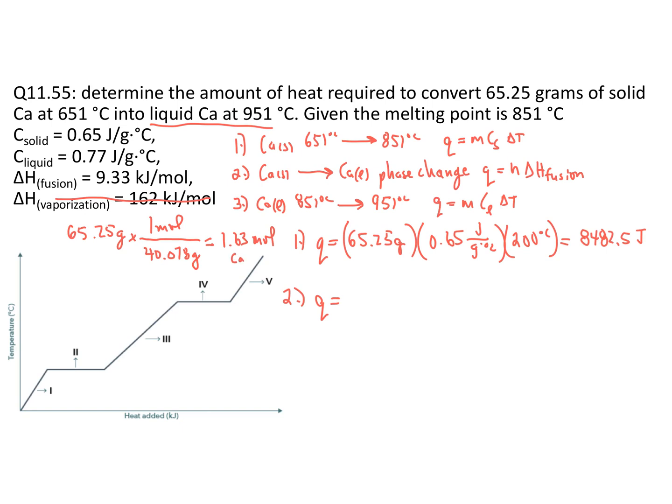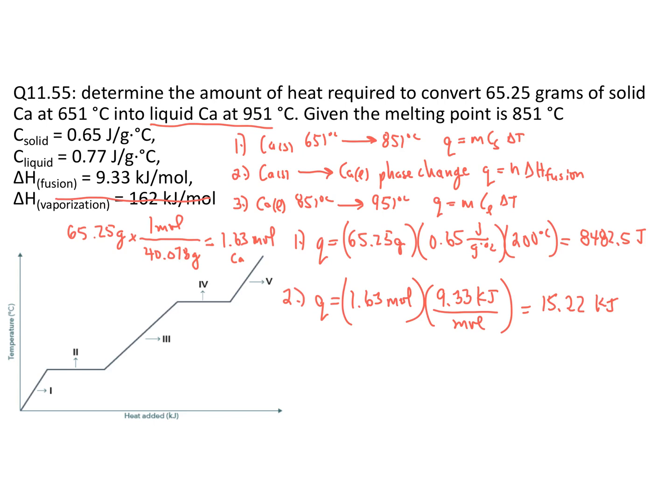So Q equals the number of moles, 1.63 moles of calcium, times the heat of fusion for calcium, which is 9.33 kJ per mole. So this step will require approximately 15.22 kilojoules of energy.